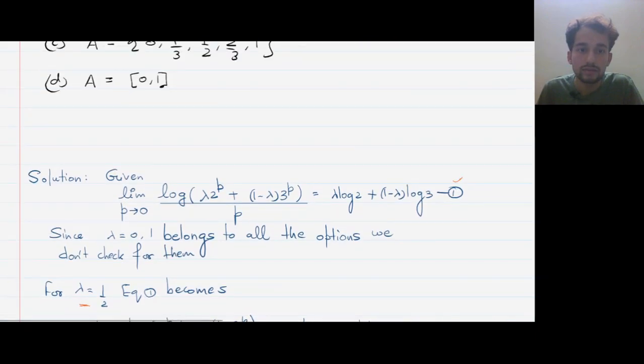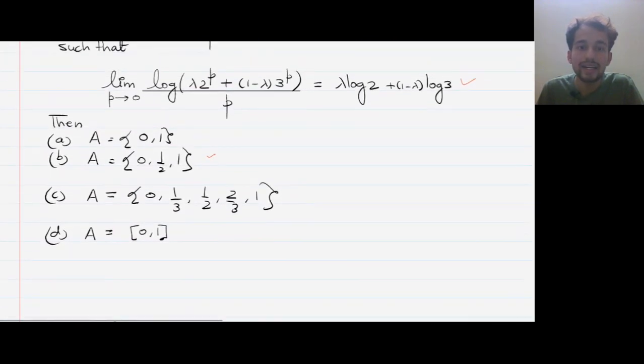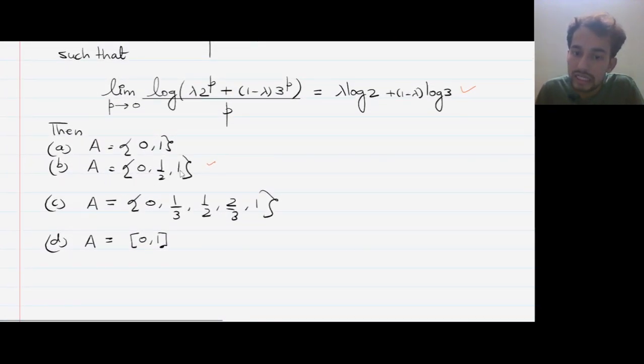See how smartly I have solved this problem. I first checked for lambda equals 1 by 2, which discards option A. Then I checked for lambda equals 1 by 4, a value of lambda which is not present anywhere in the above 3. In the starting I said something wrong. I said that we have to check for all of 1 by 3, 1 by 2, 2 by 3.